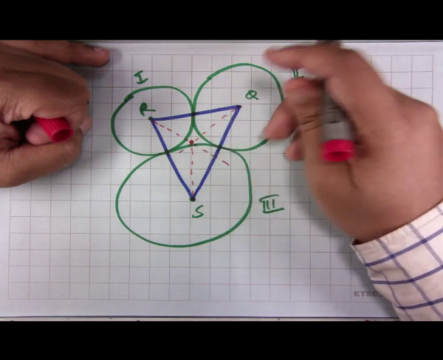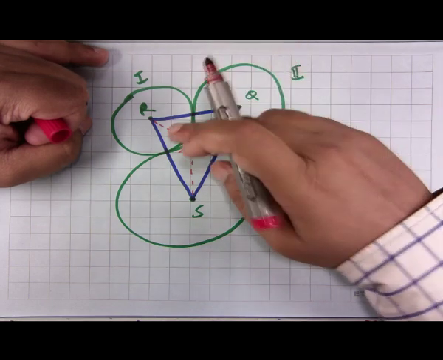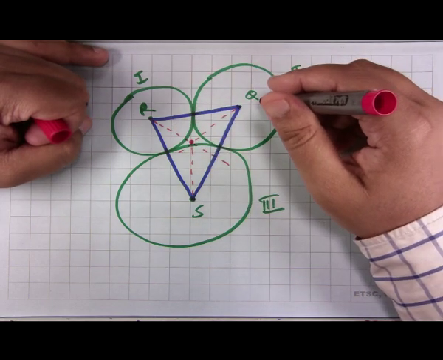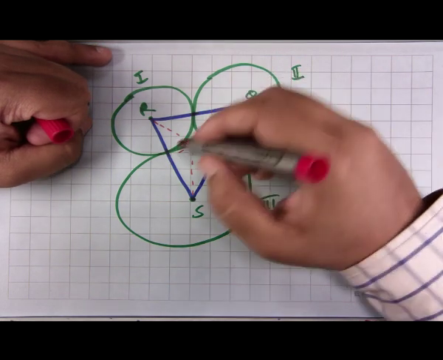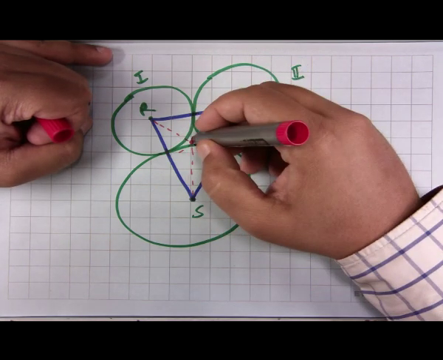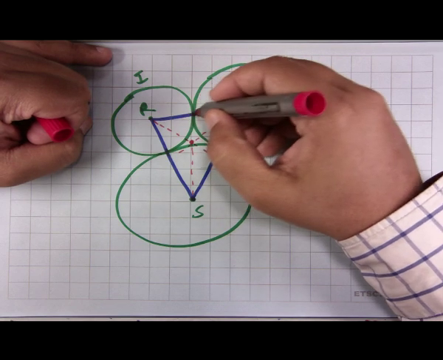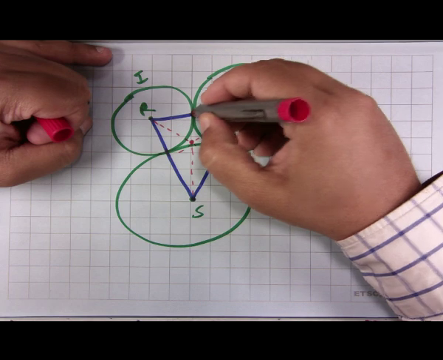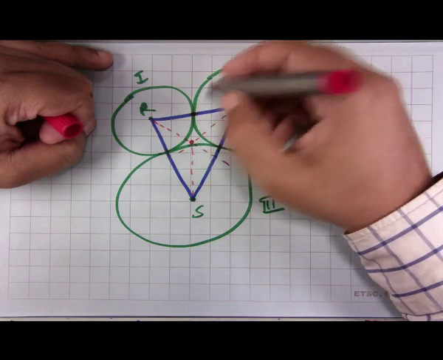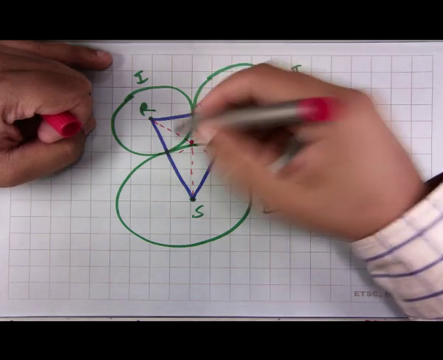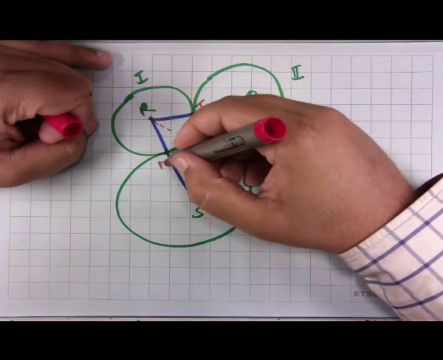Let this red dot denote the common point of intersection of the three angular bisectors of this triangle QRS. Next, let us consider this triangle. Let the point of contact between the circles 1 and 3 be denoted by A.